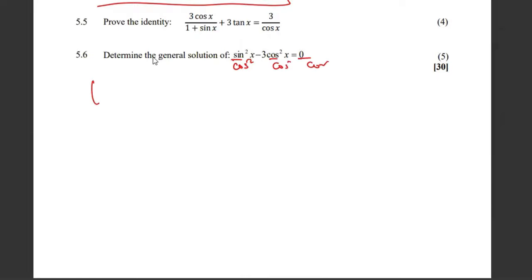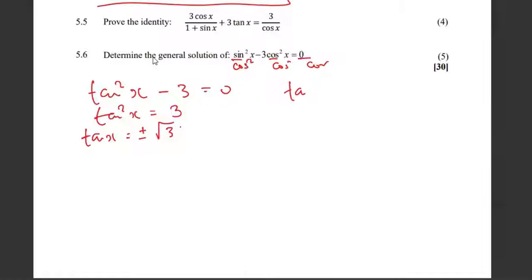So you're going to get tan squared x minus 3 is equal to 0. Move the 3 that side. Tan squared x is equivalent to 3. And then we need to find the square root on either side, meaning that tan x should be plus or minus root 3. Okay, so if that is the case, then we need to get the reference angle.